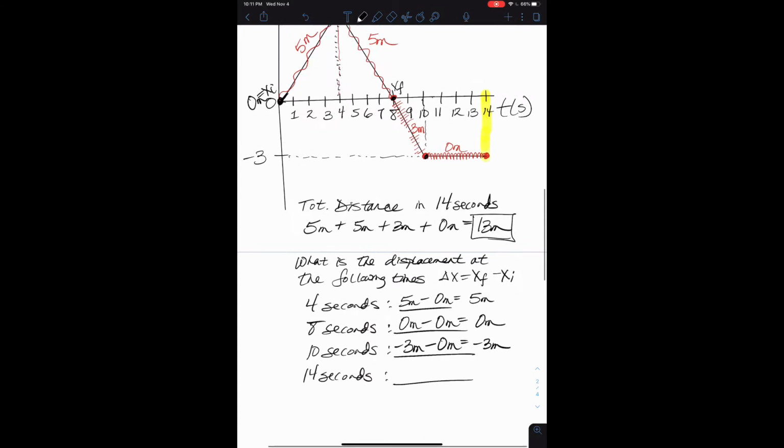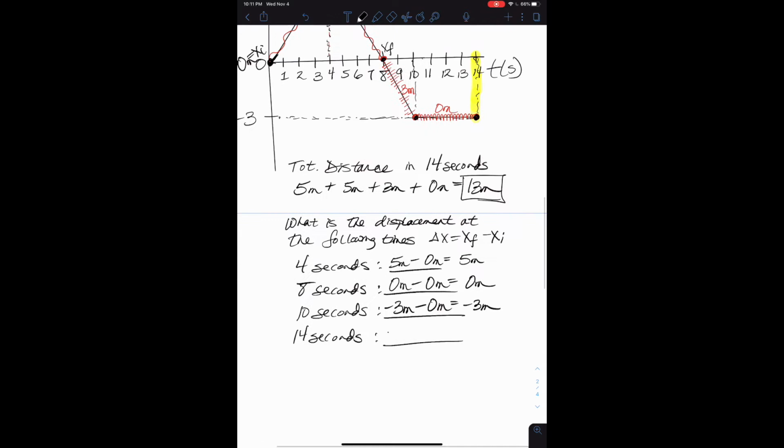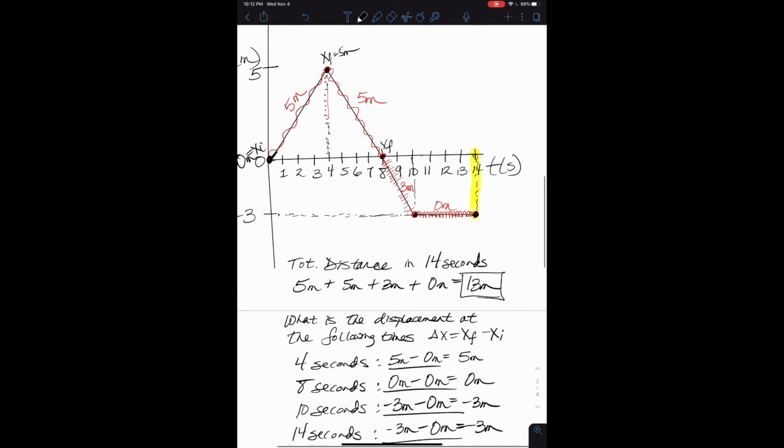Finally, at 14 seconds, we see that the final position is still -3 meters. This is 14 seconds right here. So we once again have -3 meters minus 0 meters, equal to -3 meters. Okay, so this is what displacement is asking: how far in a direction from the original location.